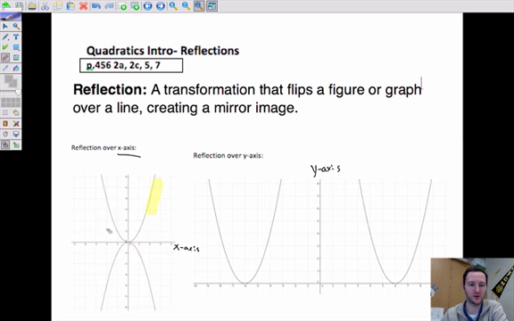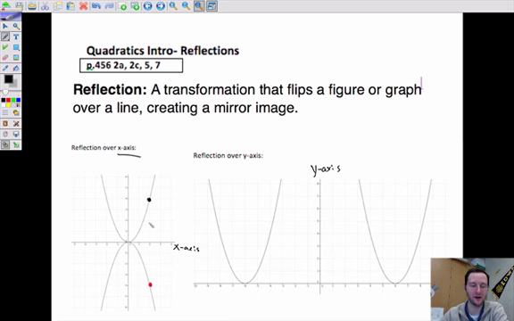What this shows in terms of coordinates is, let's pick a point, let's pick the point (2, 4) right here. If I take that point (2, 4) and just reflect it across the x-axis, it's going to be the same distance away from the x-axis, and it's going to be in the same x position, same horizontal position, and that point ends up here at (2, -4).